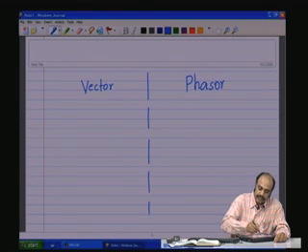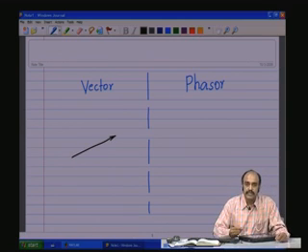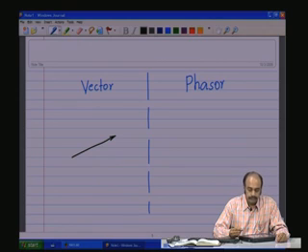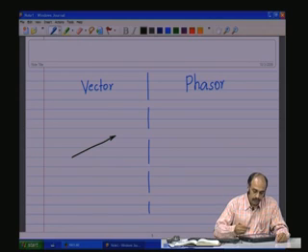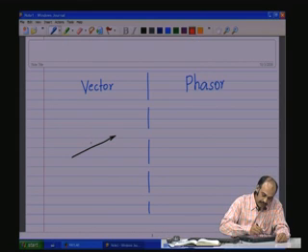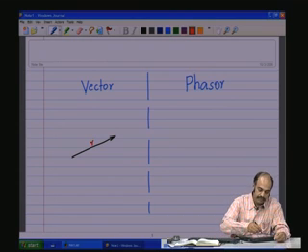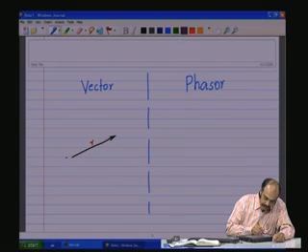Now, in the case of the vector, as we know, it is represented by an arrow which has an amplitude r and a direction as given by the arrow with respect to a reference.